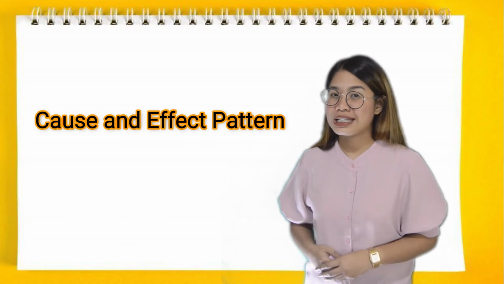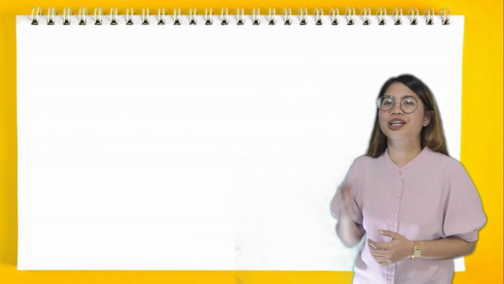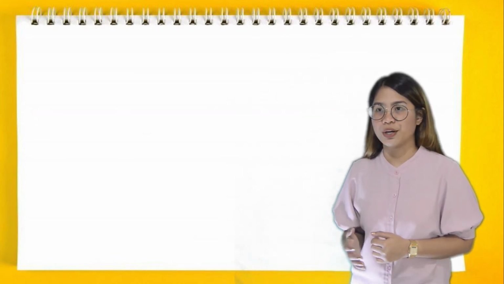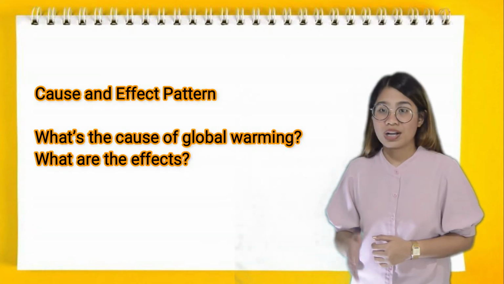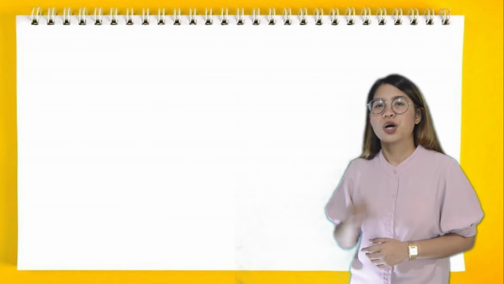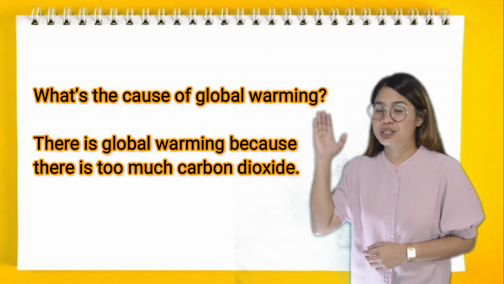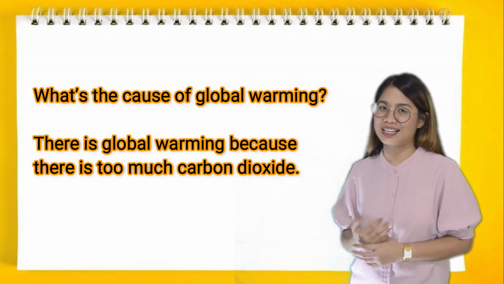Now, are you ready for our next pattern of writing? Let's proceed to the 6th pattern of writing, which is the cause and effect pattern. The words cause and effect are very common. When we say, what's the cause of global warming? What are the effects? We can answer that there is global warming because there is too much carbon dioxide.